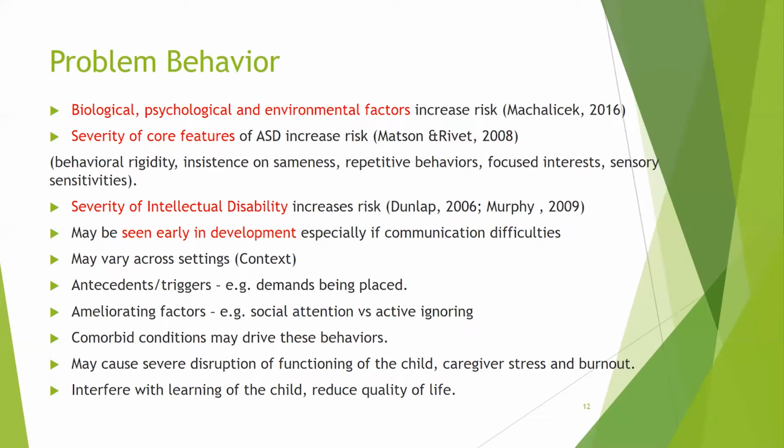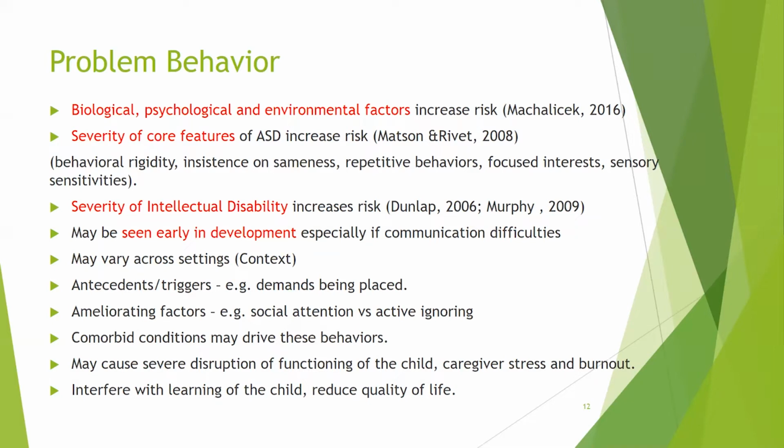The problem behaviors can vary across settings. So you may see problem behaviors in a particular environment. For example, these behaviors may be worse at home as opposed to school, because the child may respond to the structure at school. Conversely, these behaviors may be worse at school when demands are being placed by the teachers.